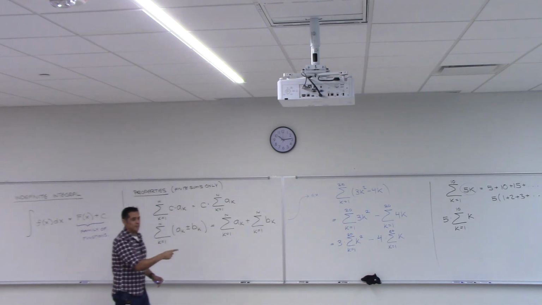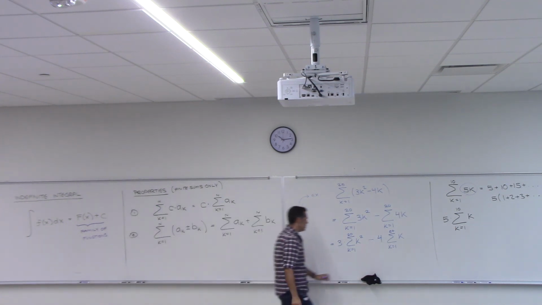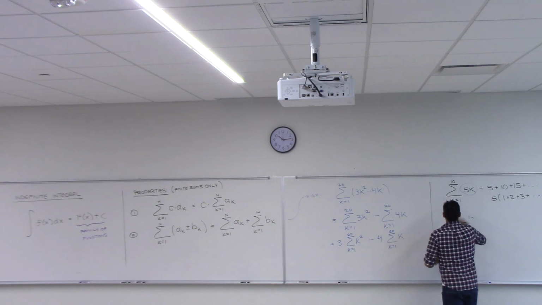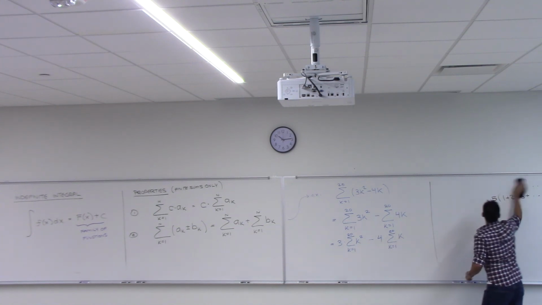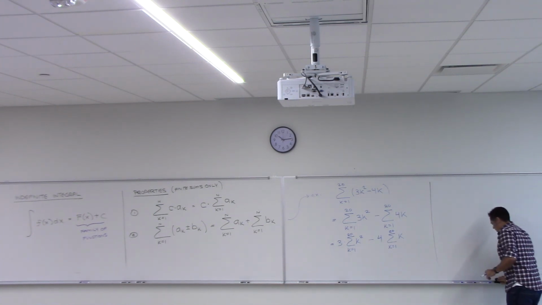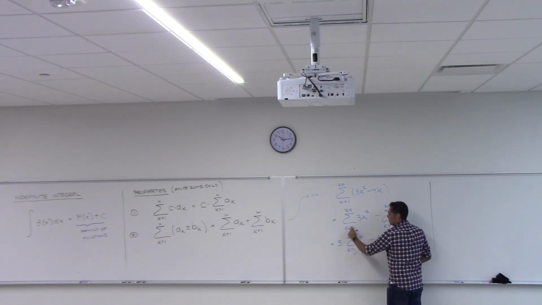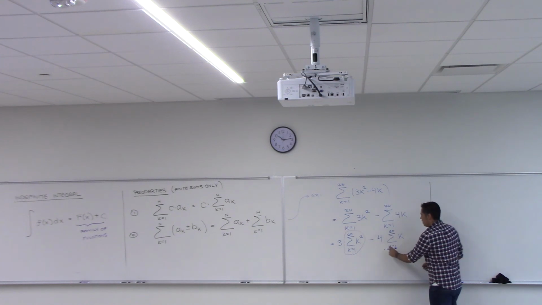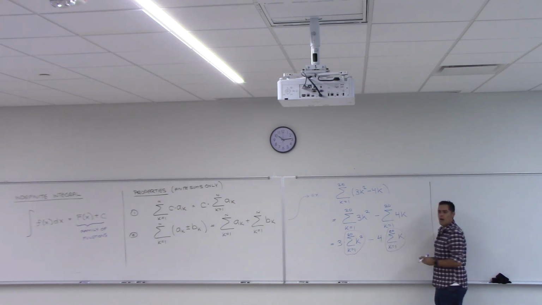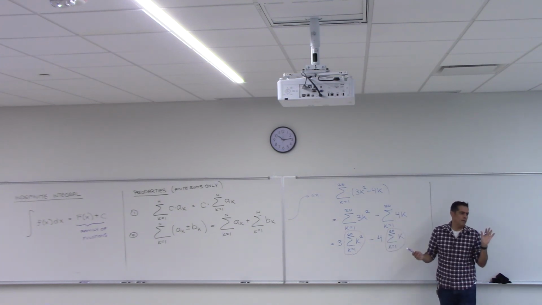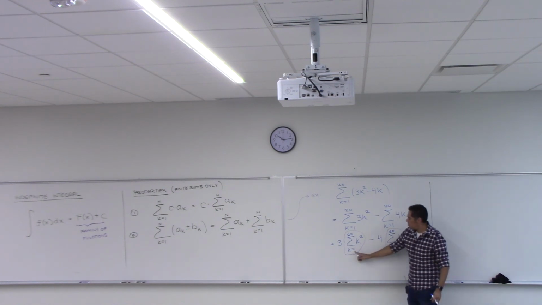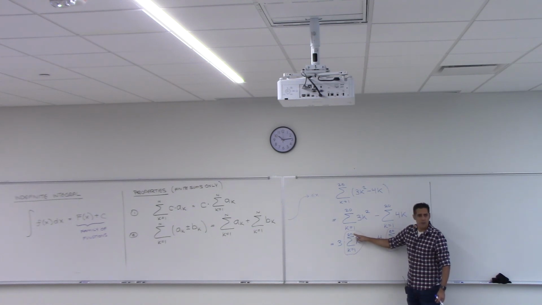What else could I do? There's one more thing I could do, and this is a big deal here. Didn't I tell you that there's a formula for this? And didn't I tell you there's a formula for this? I gave you the formula, and I told you I'm not going to prove it. But didn't I tell you what the sum of the first squares of the integers are up to n? Now here we're not going to n, we're going to 20.